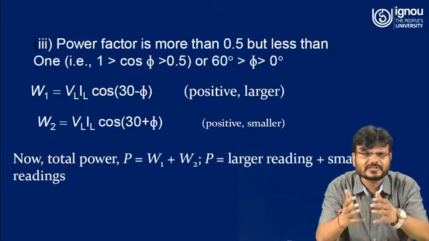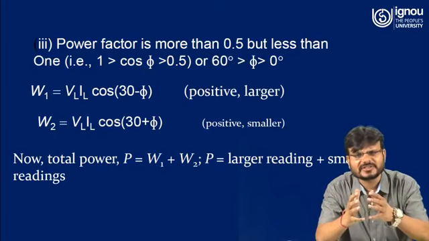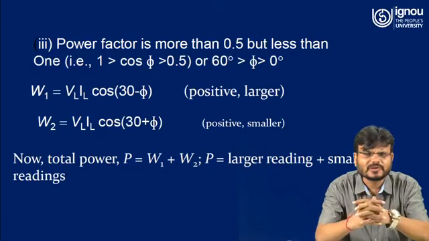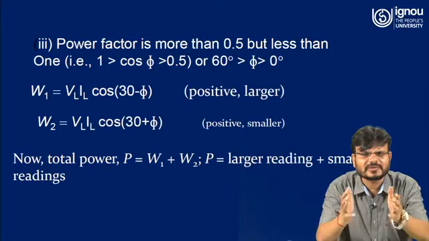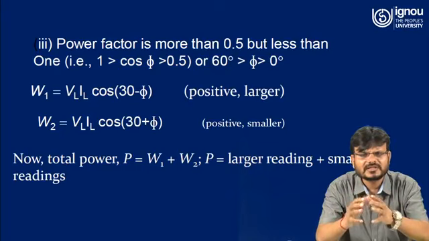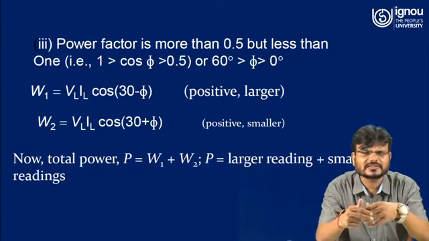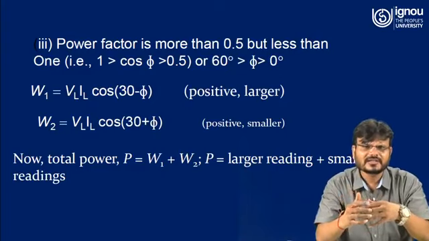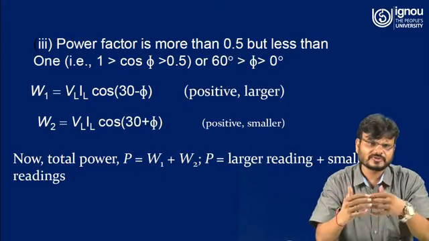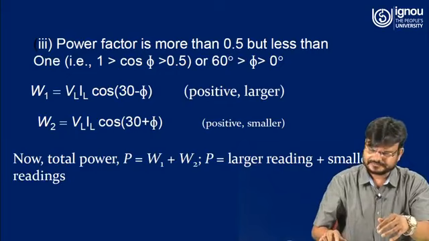If you put phi between 0 and 60 degrees, W2 will give a positive but smaller reading. So total power P is W1 plus W2, where W1 gives the larger reading and W2 gives the smaller reading.